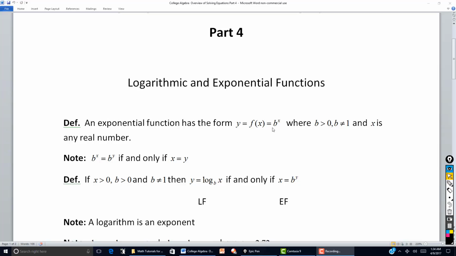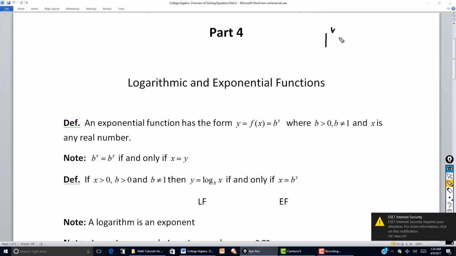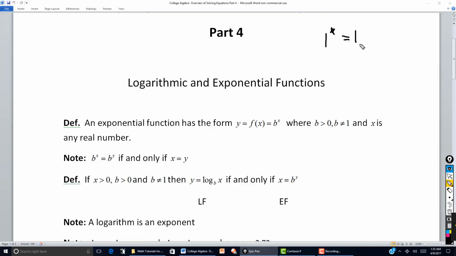Now you can see why b cannot be 1, because if b is 1, then 1 to any power is always 1. So all we're going to have is y equal to 1, which is a horizontal line, passing through the point 0, 1. So that's why we have the restriction that b cannot be 1.